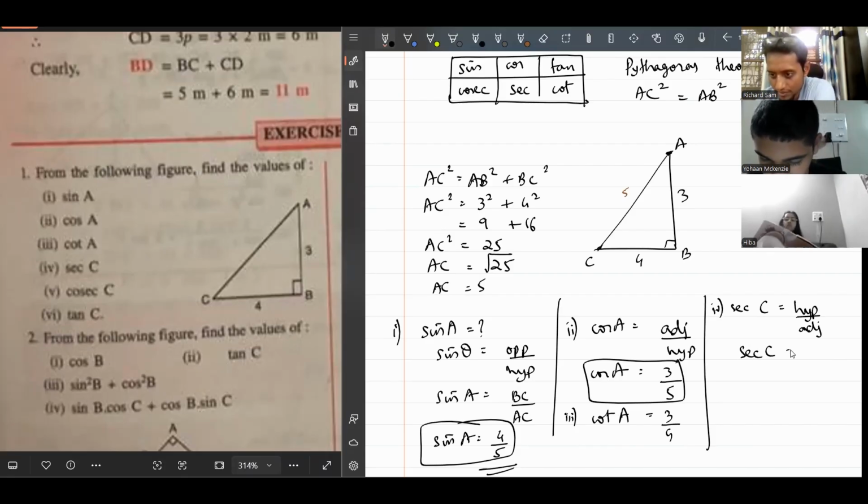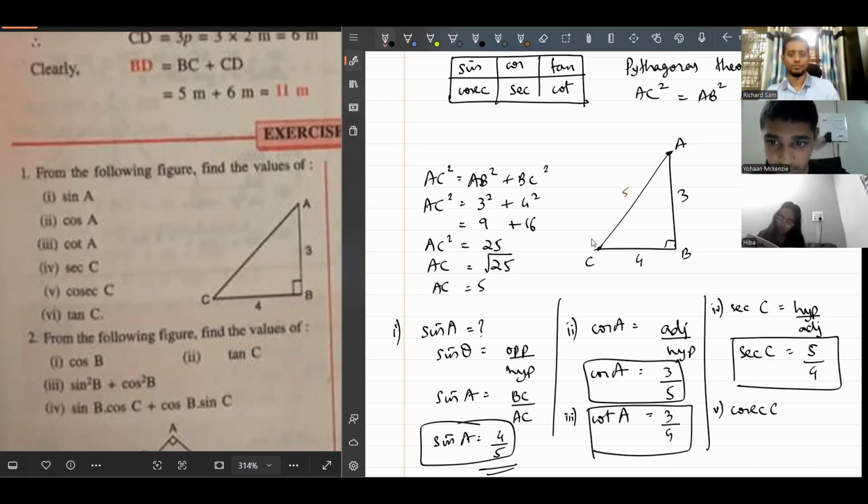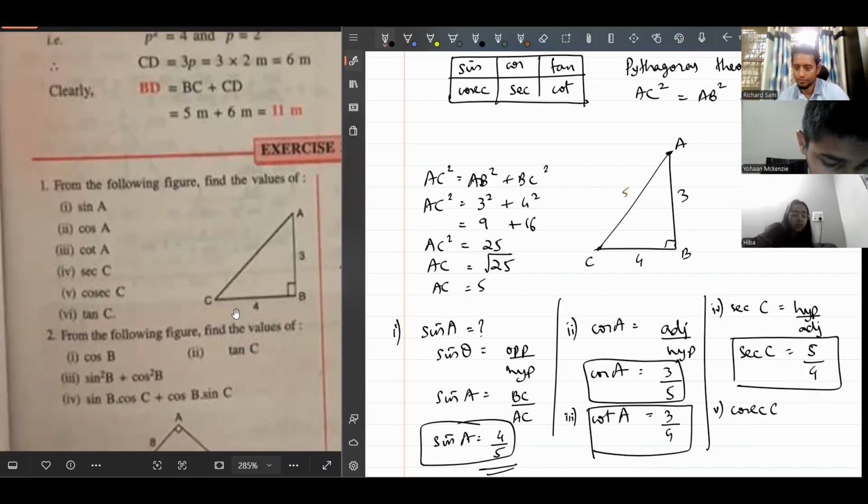So from C, which is the hypotenuse? 5. Which is the adjacent? 4. What is cosec C? Is it 5/3? Yes.